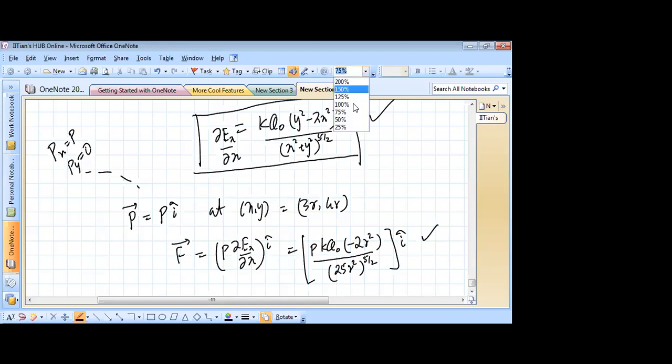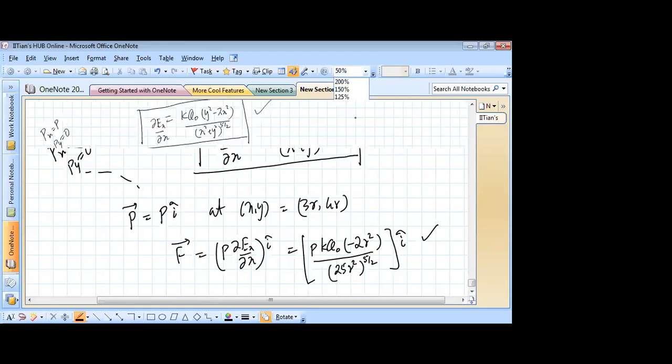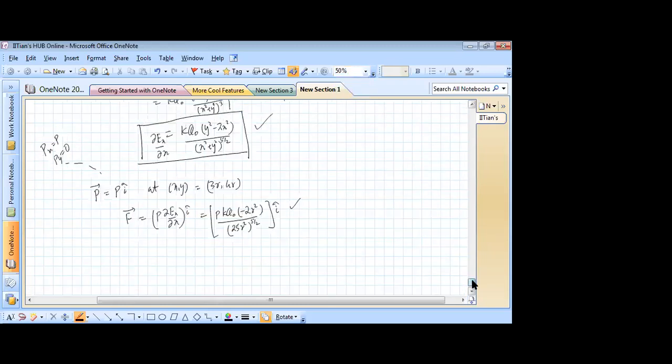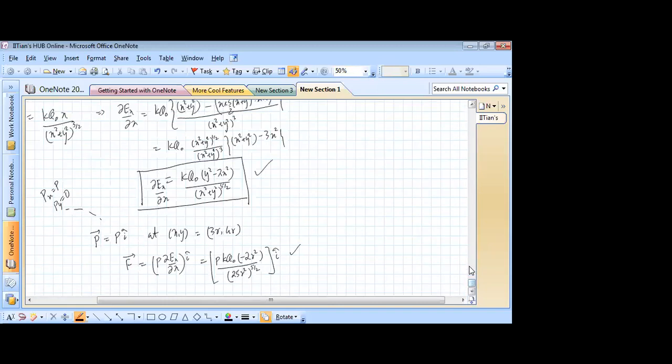Whereas torque you can do more easily by just using the cross product. For torque, you can just use the concept that at that particular point the field is along this sort of direction and the dipole is kept like this.